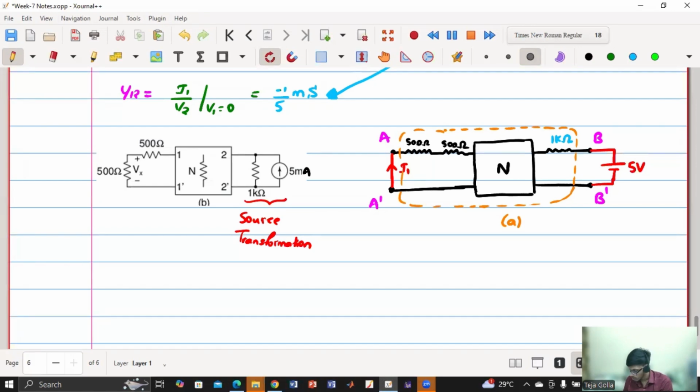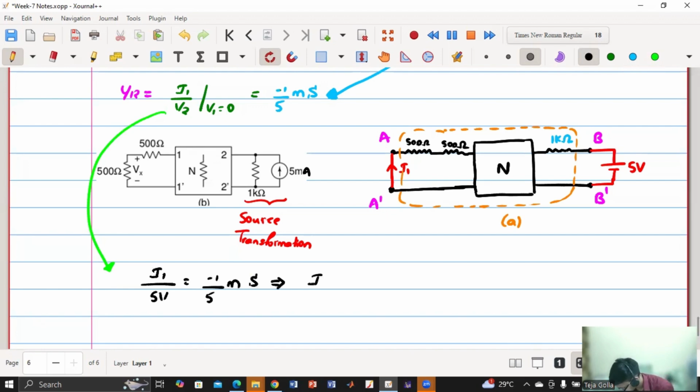Now if I use this equation and substitute those values, I1 by V2, which is 5 volt, equals minus 1 by 5 millisiemens. That means my I1 will be minus 1 milliampere. Okay, so I got my I1.